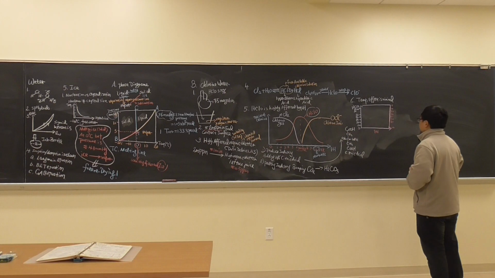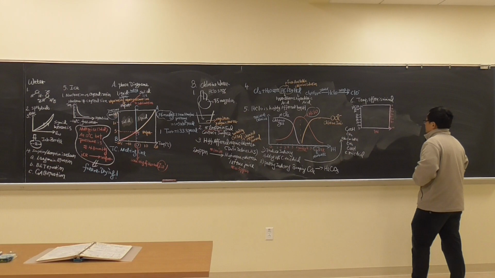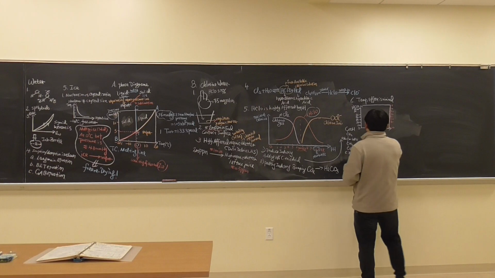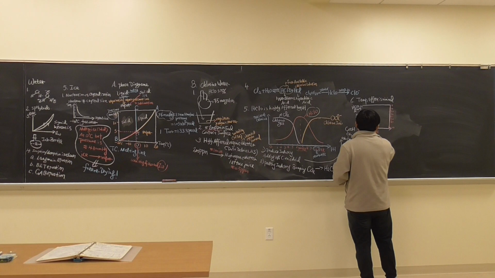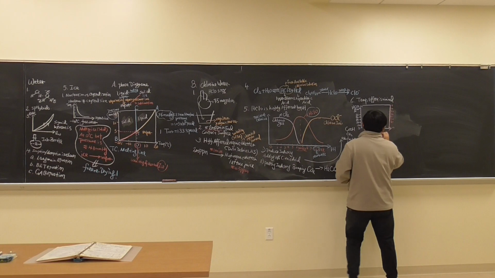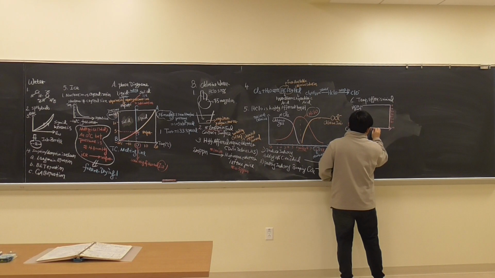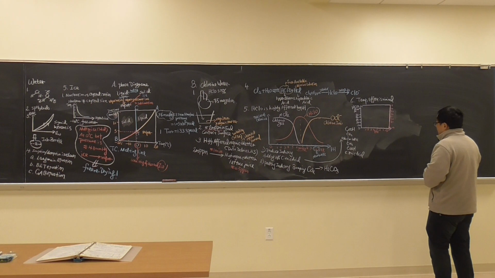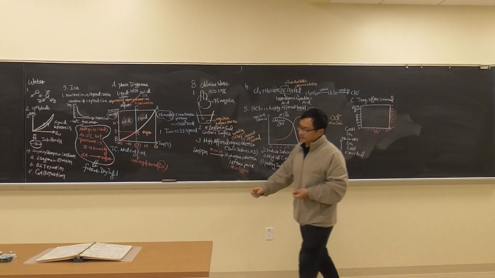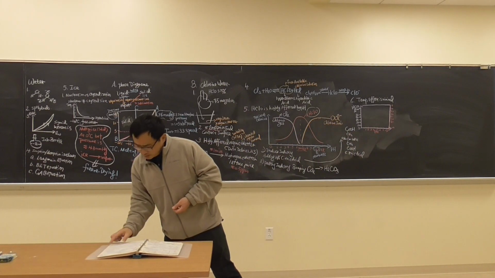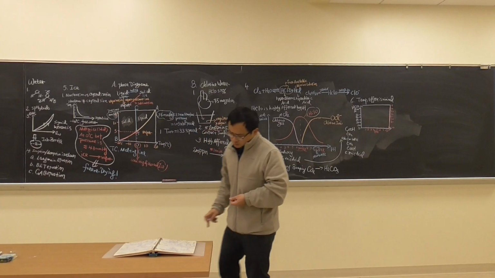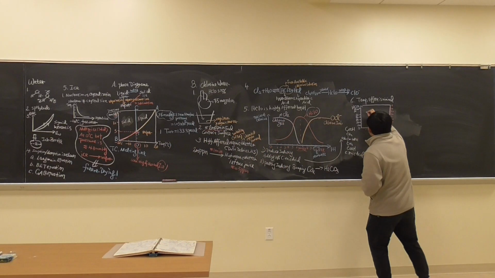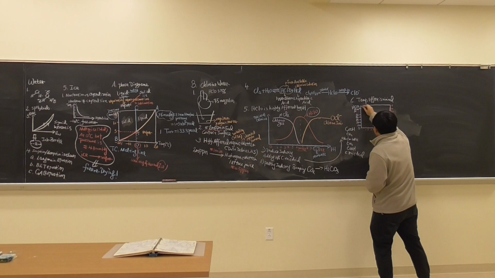So what's the curve they have? The pH, of course, is like this. Let's say 1, 2, 3, 4, 5, 6, 7, 8, 9. What we want to see here is that it looks like this curve.